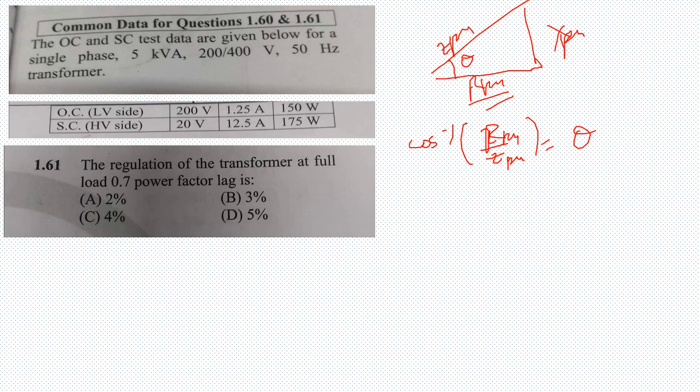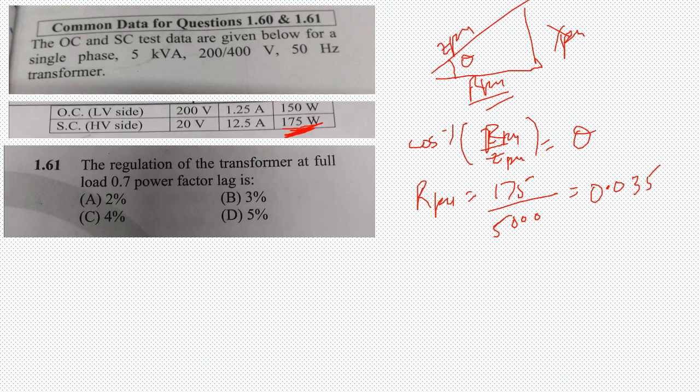We can easily calculate R per unit. R per unit is the I squared R losses divided by the full capacity of the transformer. So R per unit is 175 over 5000, which comes out to be 0.035.